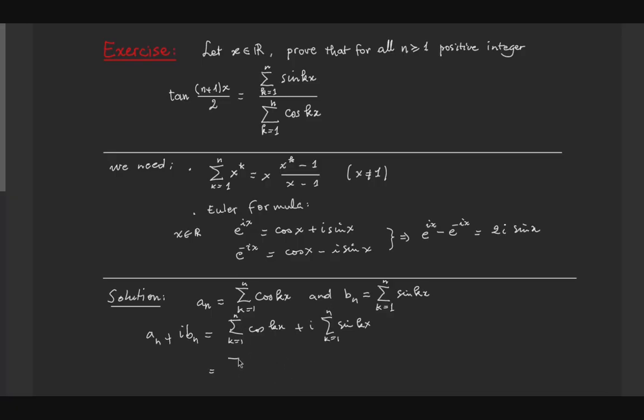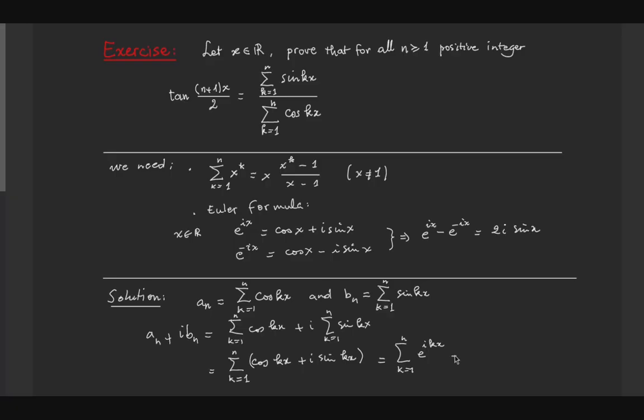Since we have the same number of elements, we can gather the elements of the sums under one single sum. And so these two sums are equal to the sum from k equals 1 to n of e to the i kx.